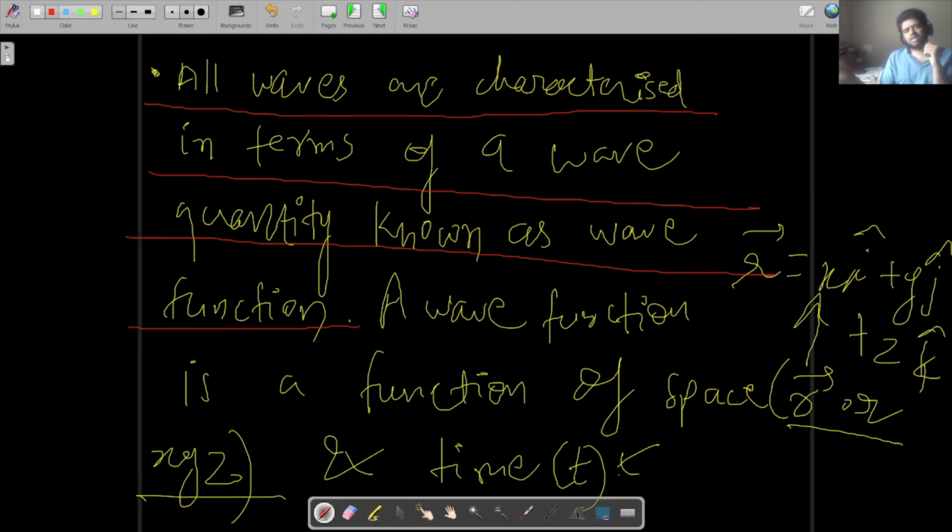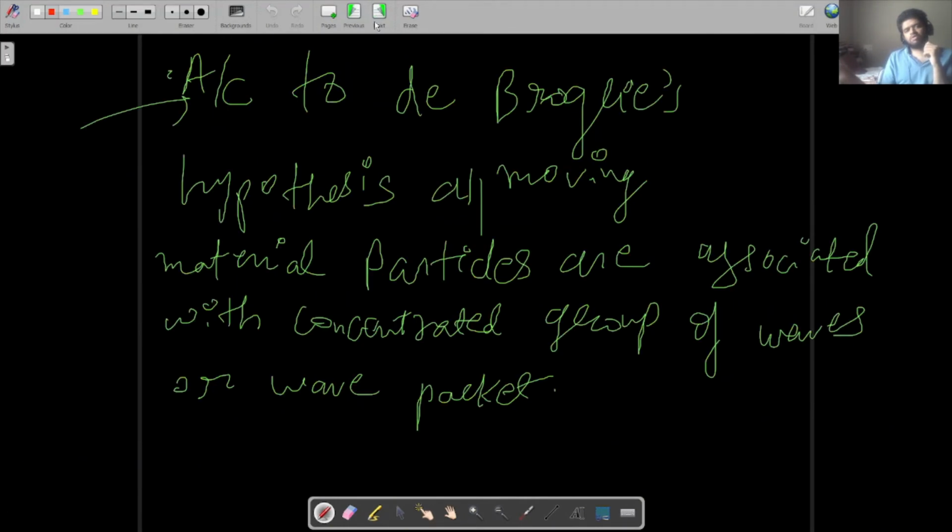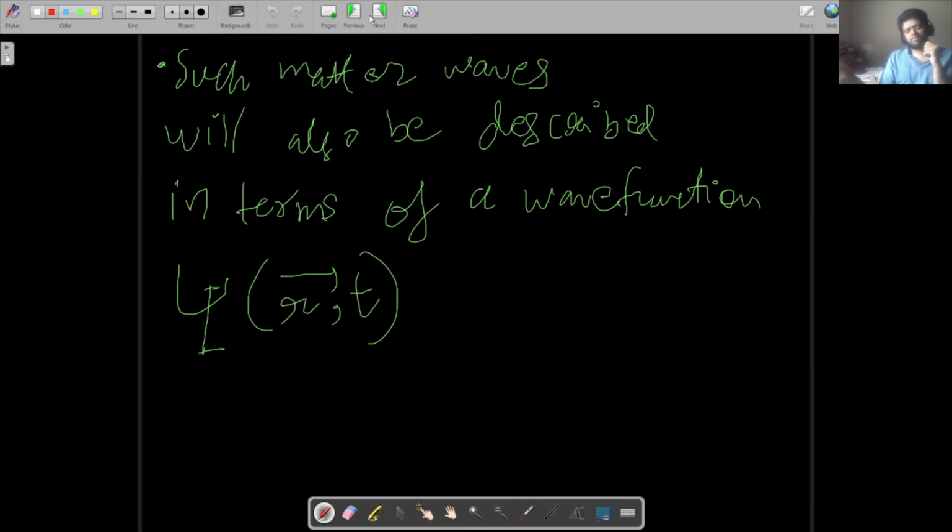Then it is obvious, since it is written that all waves are characterized, what is wrong with the matter wave? A matter wave will also be characterized by a wave function. So such matter waves will also be described in terms of a wave function psi of r comma t.